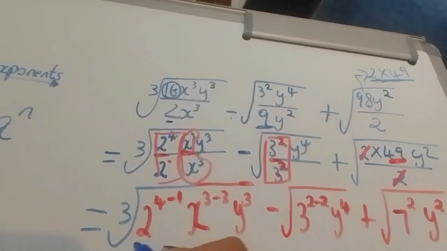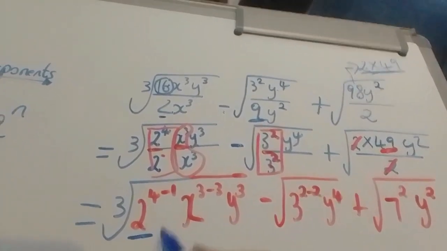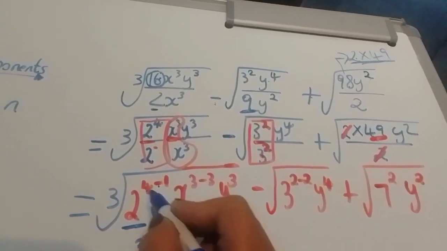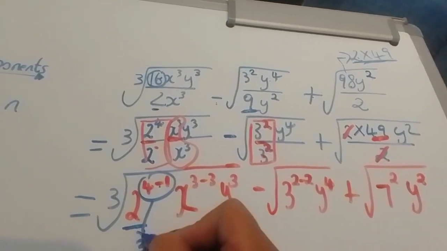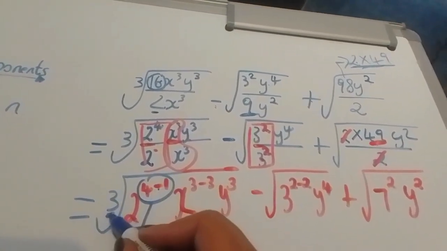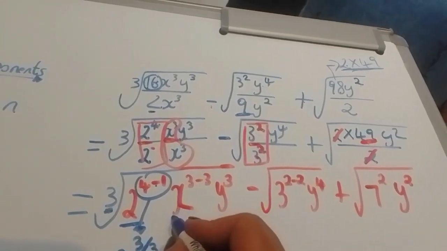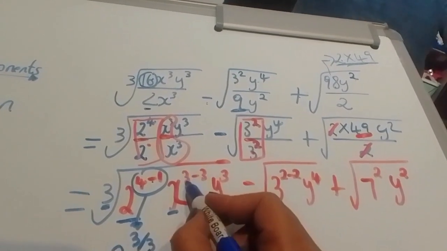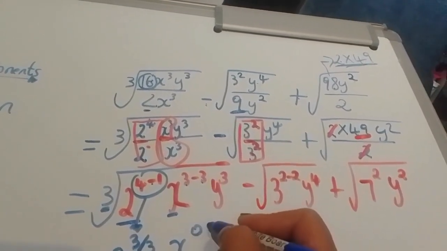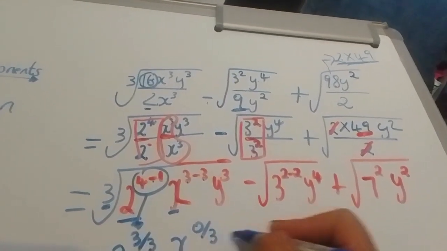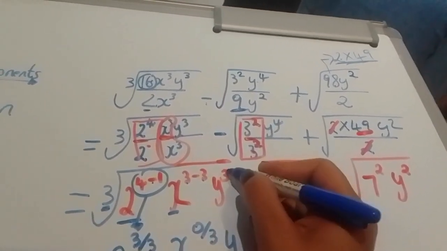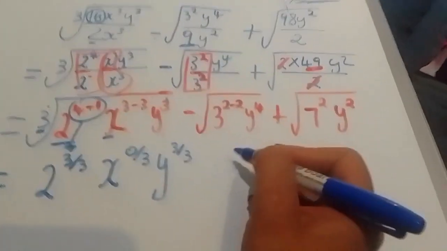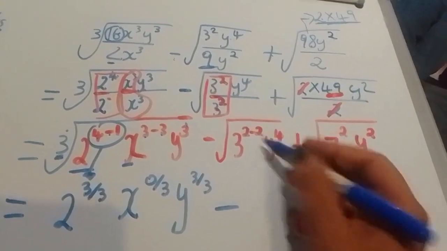Let's start with the 2 here. We have 2 to the power of 4 minus 1, which gives us 3, over what's outside, which is 3. Let's go for the x. This gives us x to the power of 3 minus 3, that's 0, over 3. And then for the y, y to the power of 3 over what's outside, a 3. Then for the second term, we break this set.